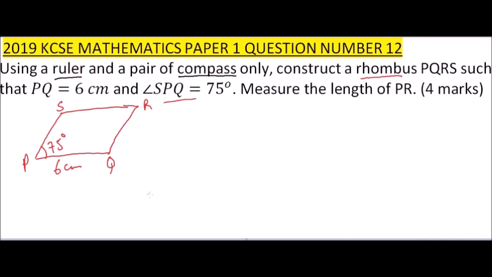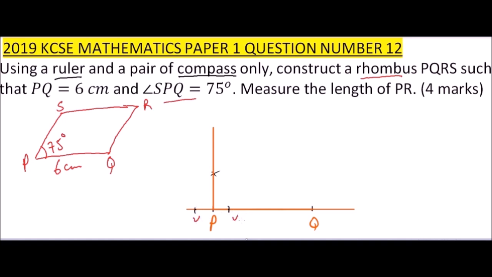You start by constructing a line PQ and measuring the length 6 centimeter. After that, we construct an angle of 90 and an angle of 60. So this is an angle of 90, and what I have done is that using a compass, I have marked this point here and this point here.